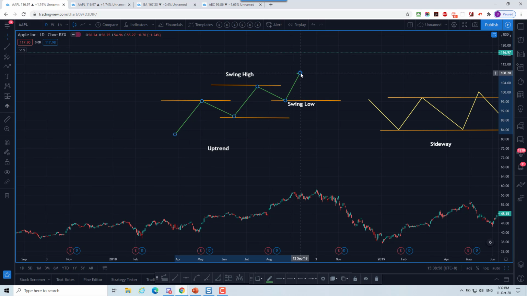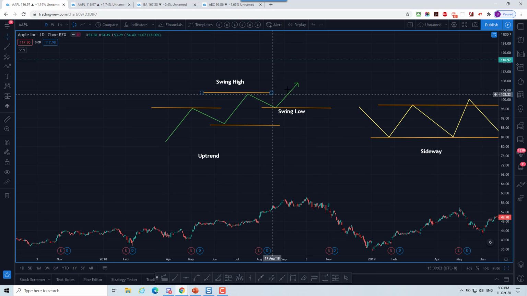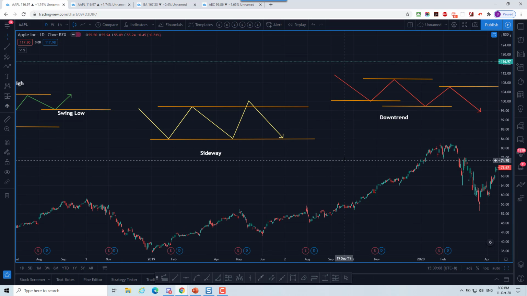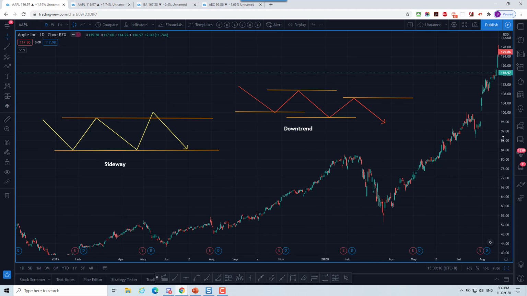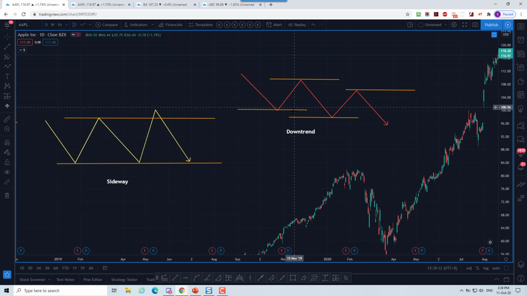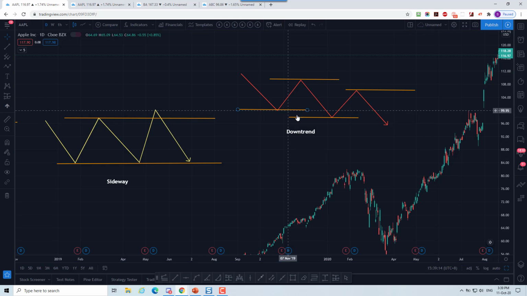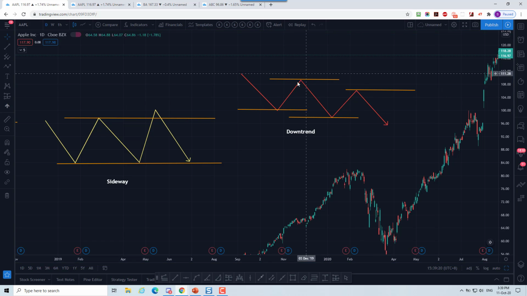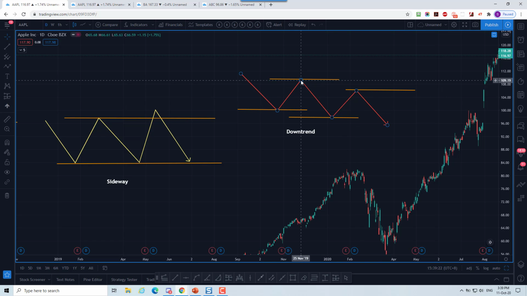Okay, if the price continues to go up, it's always resisted by this resistance line. The same goes with the downtrend. In a downtrend, you notice the support is always broken, meaning the high, or the resistance line, is never breached in a downtrend.